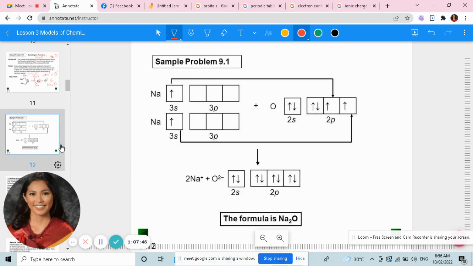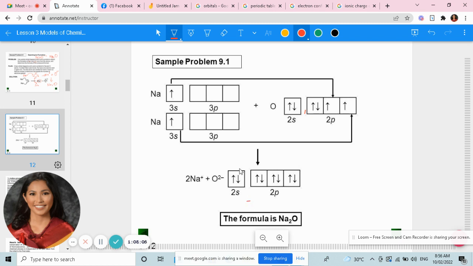If we put that in orbitals, we have the valence electrons in 3s, and then the valence electrons in 2s and 2p.